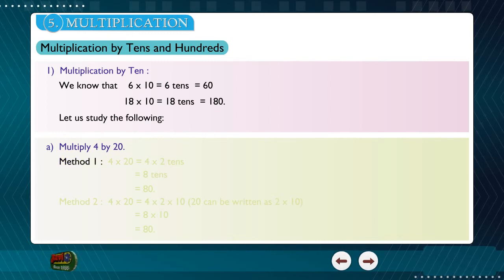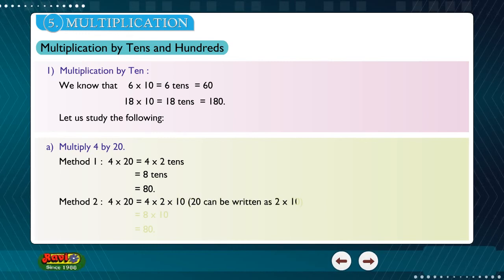Method 1. 4 into 20 is equal to 4 into 2 tens is equal to 8 tens is equal to 80. Method 2. 4 into 20 is equal to 4 into 2 into 10. 20 can be written as 2 into 10 is equal to 8 into 10 is equal to 80.